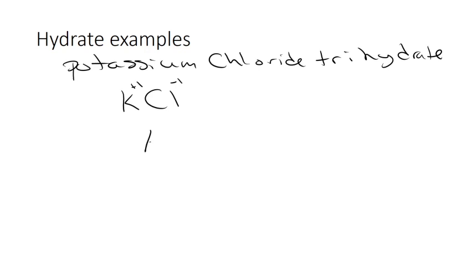We don't need any subscripts. Put our dot. If you look up tri, it's going to be 3. Hydrate means water. Hopefully by this point in your lives you know the formula for water. That's it. There we go: potassium chloride trihydrate.